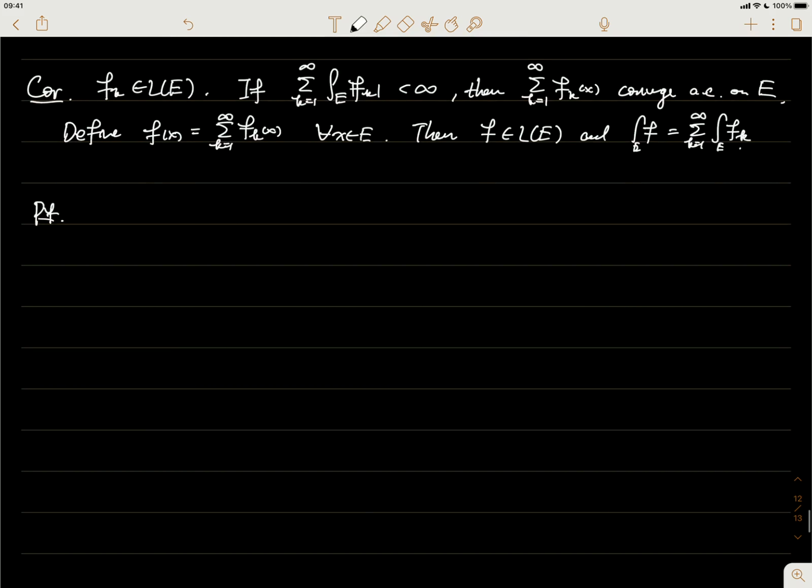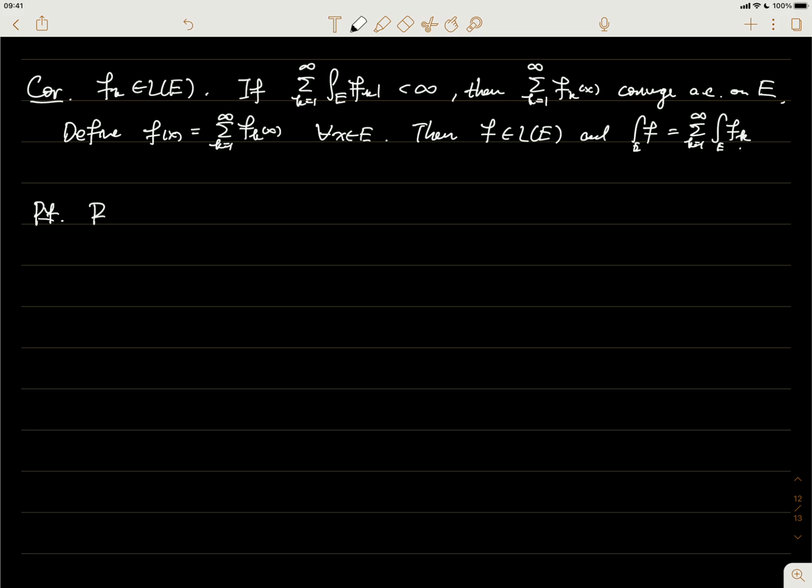First of all, because this series is non-negative, and we're taking the sum of this, by the Beppo-Levi theorem, we can show that this limit is equal to the integral of the series of the function.